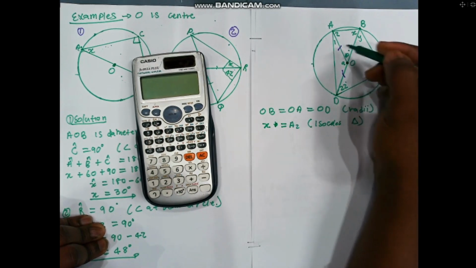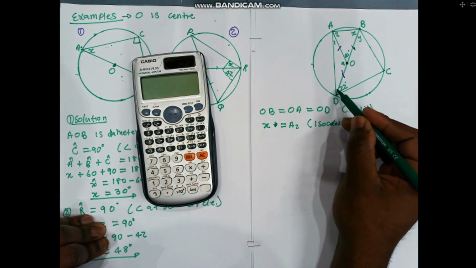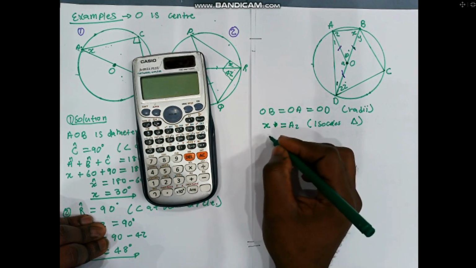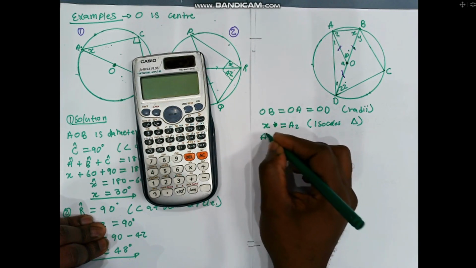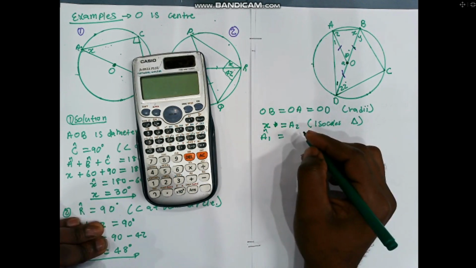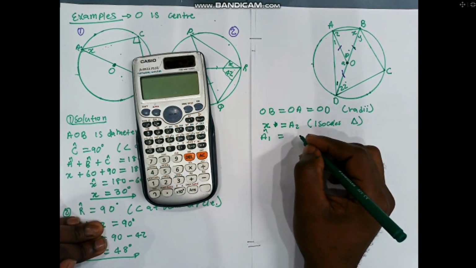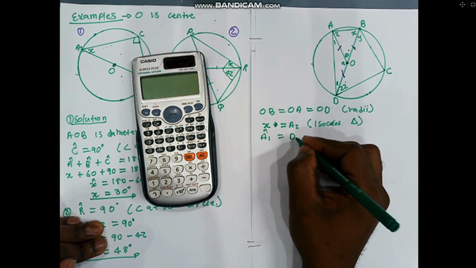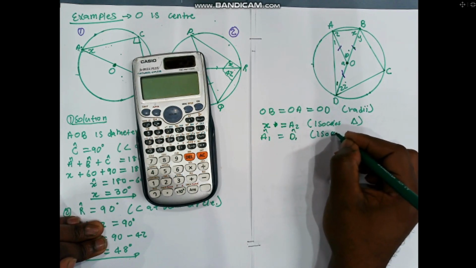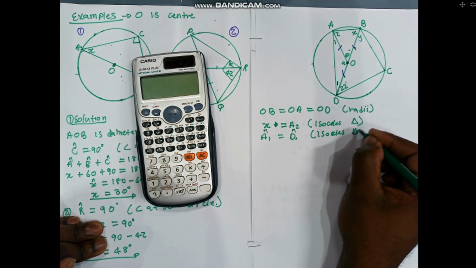And also A1 equals this here, just going to call it D1. So A1 is also equal, I haven't answered the question, just interpreting the statement. A1 is equal to D1, same reason, isosceles triangle.